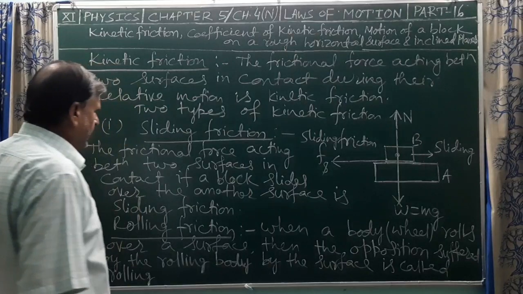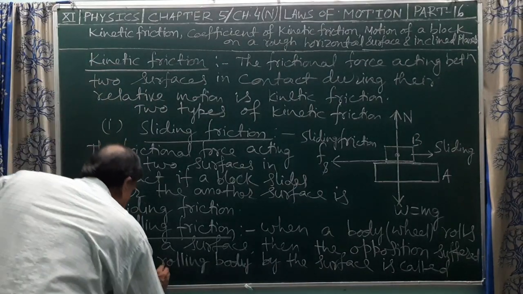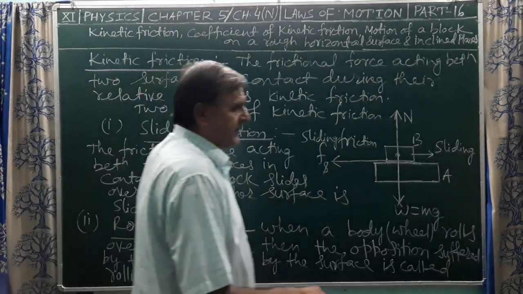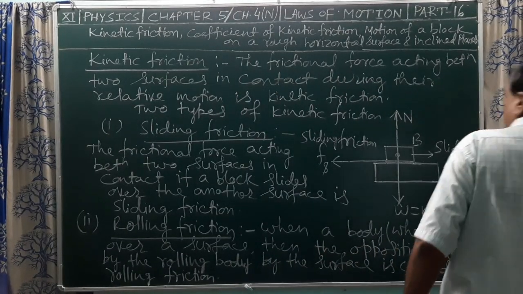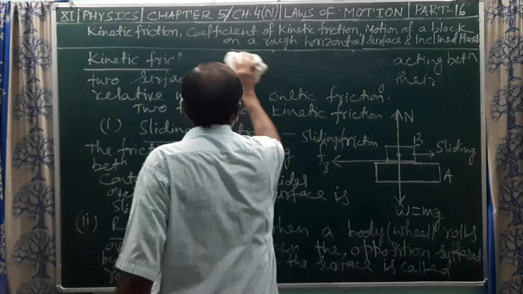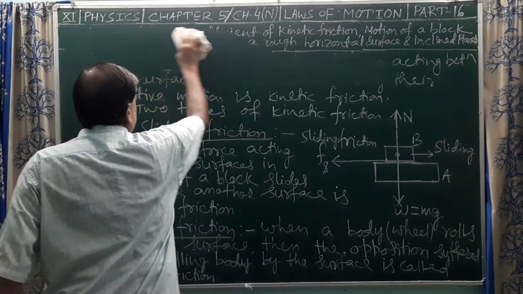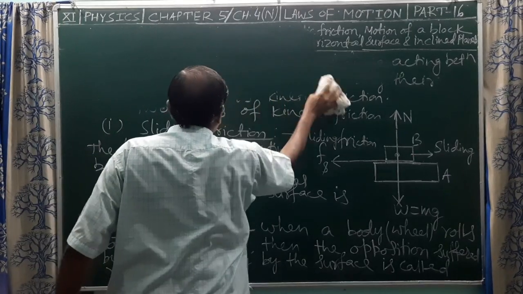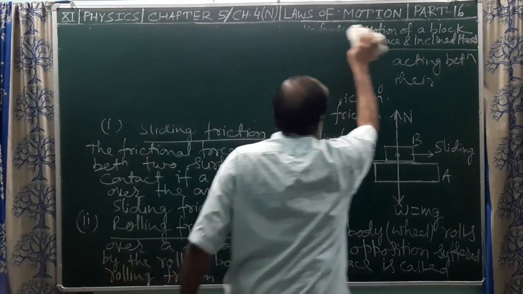So rolling friction is smaller than the sliding friction. That is, we can write Fr, rolling friction, is smaller than the sliding friction, Fs.